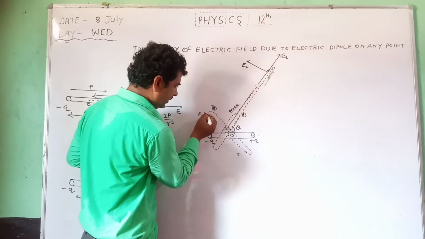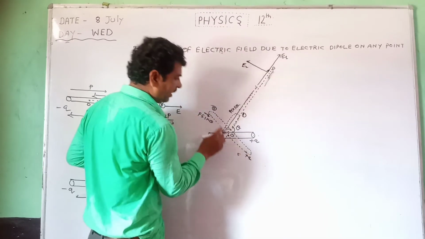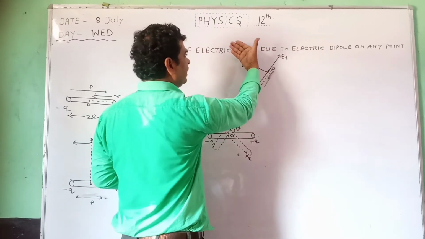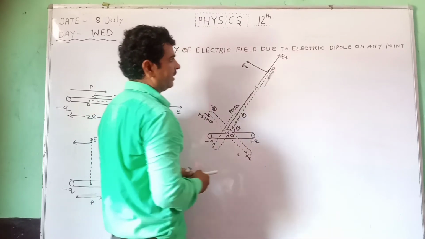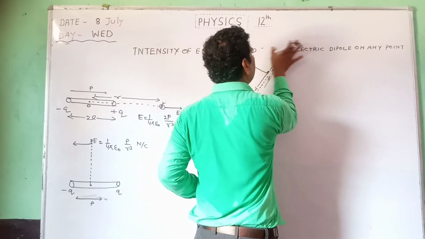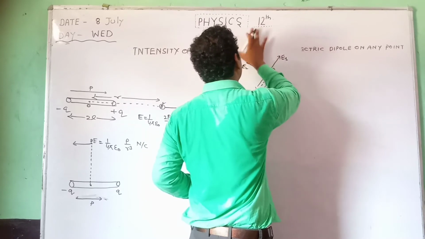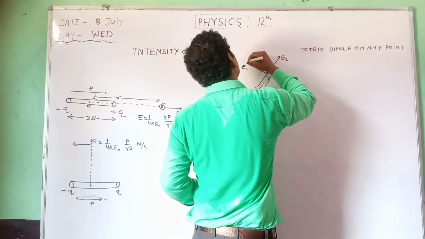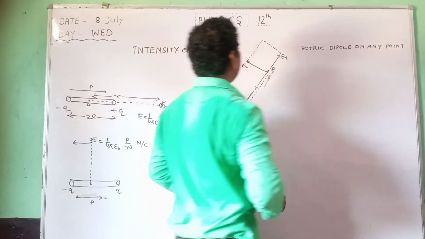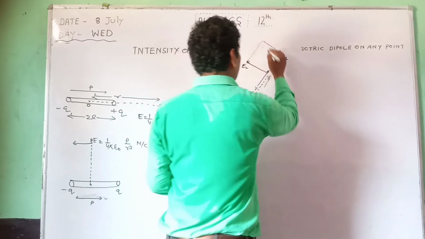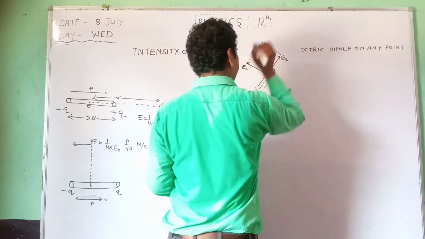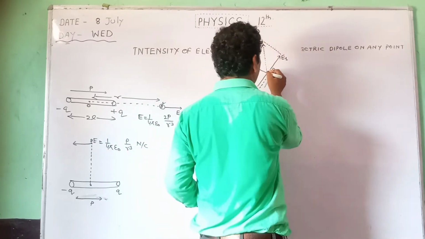Negative charge, positive charge, second imaginary dipole. This is the direction of dipole moment and this is the direction of net intensity of electric field. If you want to find the net intensity of electric field, here I will make a parallelogram, and the diagonal of the parallelogram will give the net intensity of electric field at the point P.